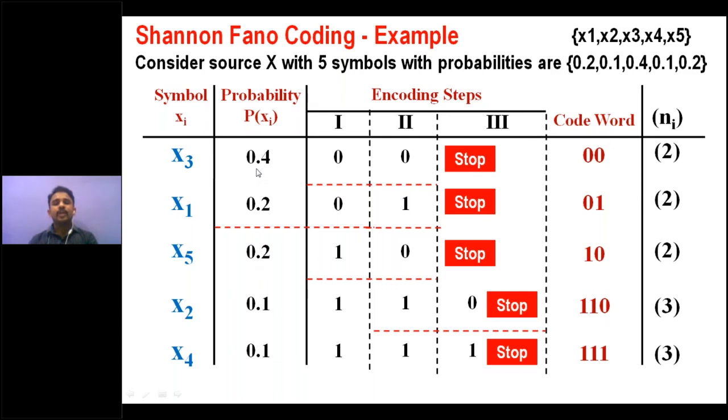Just as we have taken the probability in decreasing order, in the same fashion the number of bits in the code word should be increasing. Then only can we say our coding procedure is perfect. Clear now? So these are the few rules and conditions that we have to follow in Shannon-Fano coding.